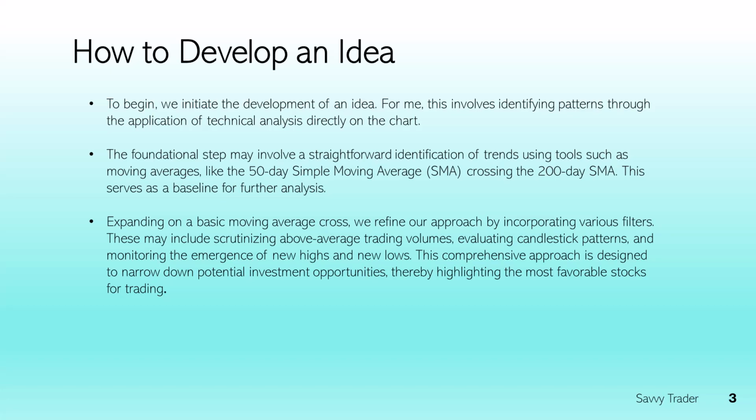This is a comprehensive approach designed to narrow down the potential investment opportunities and highlight the most favorable stocks for trading. So we're looking for the best trades. We want to be able to sort from our strategy into a list of stocks that meet that criteria.